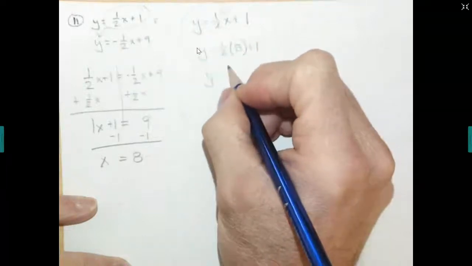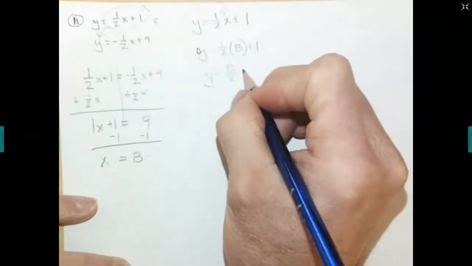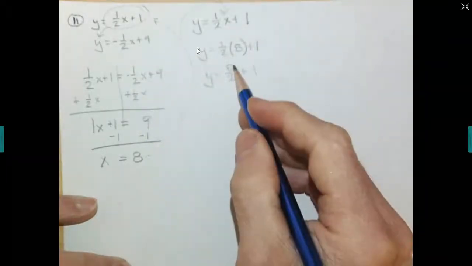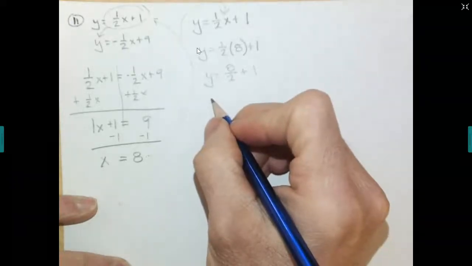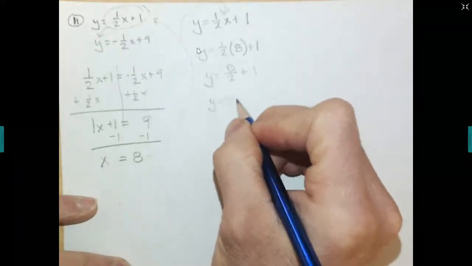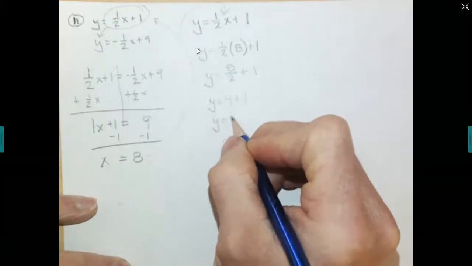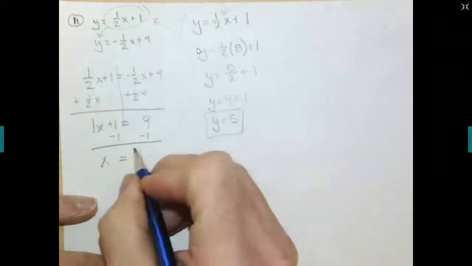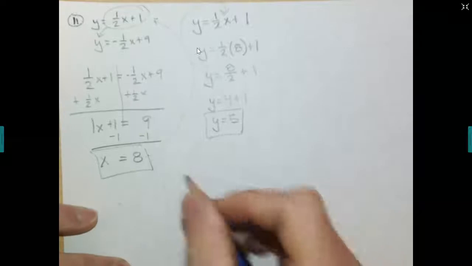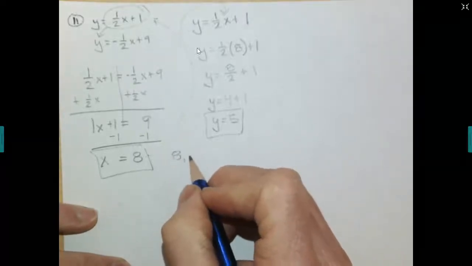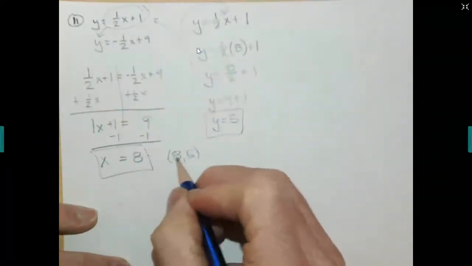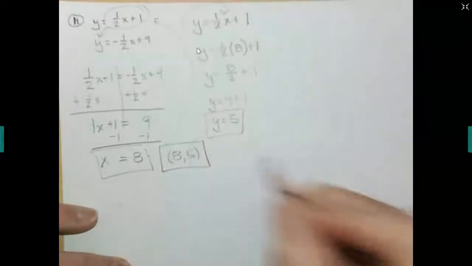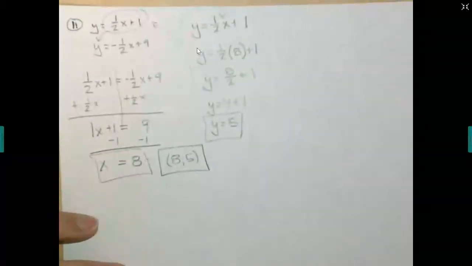But I can also show you how to multiply it. It's 8 over 2 plus 1. 8 divided by 2 is 4. So y equals 4 plus 1. So y equals 5. So I have 5 and I have 8. So my point, the solution to this problem, the point where these two lines cross, is 8, 5.